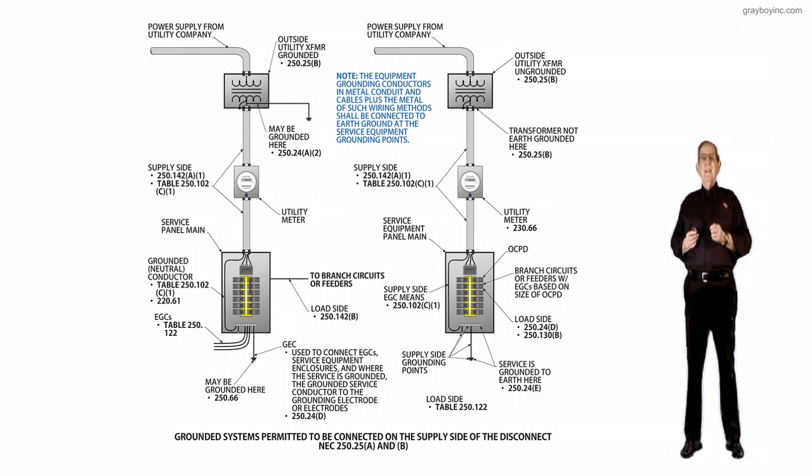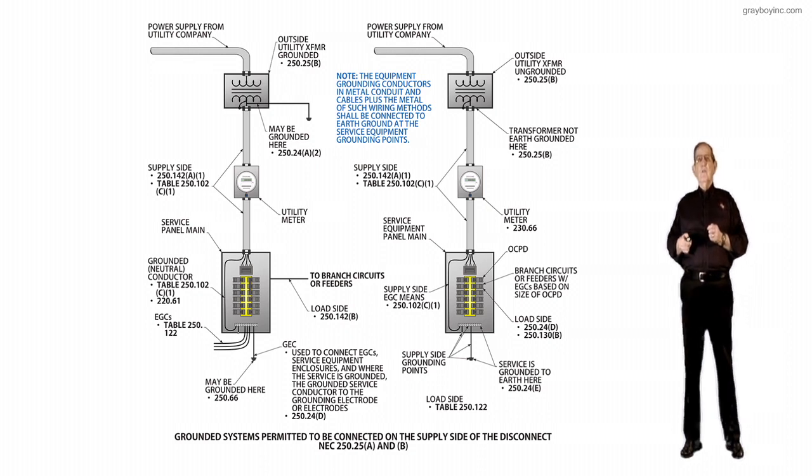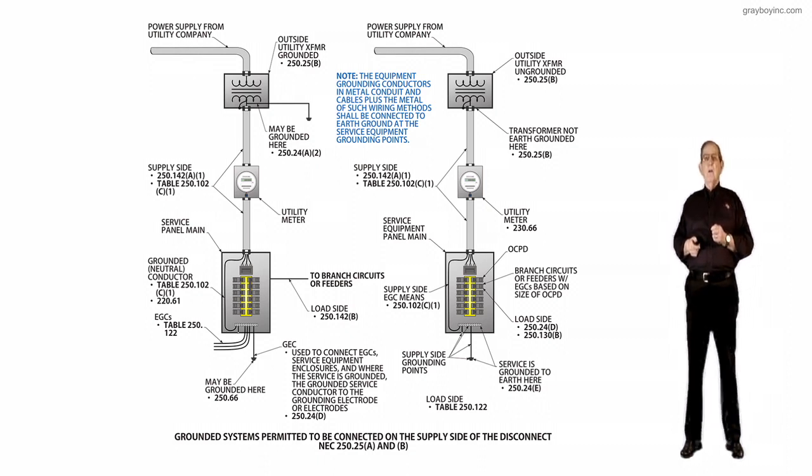So the grounding electrode conductor, if you look at it from the panel to the left, because we have a grounded system, then notice it's used to connect the grounded conductor coming in, as you see in the panel, connect all your equipment grounds and neutrals to that bar, and it is connected into the earth ground, 250.50, 250.52, and 250.53.